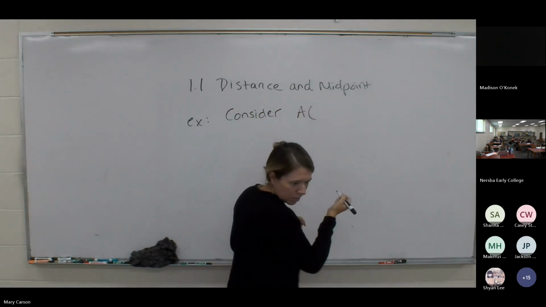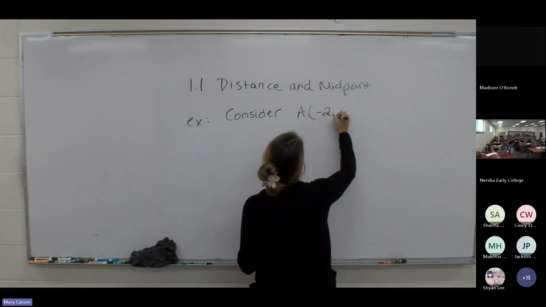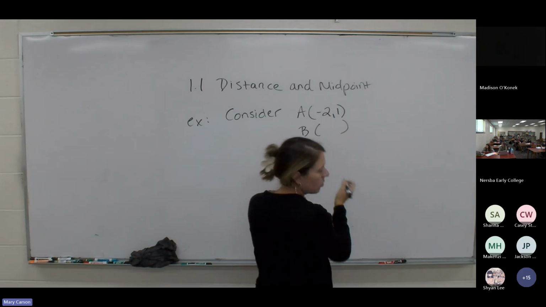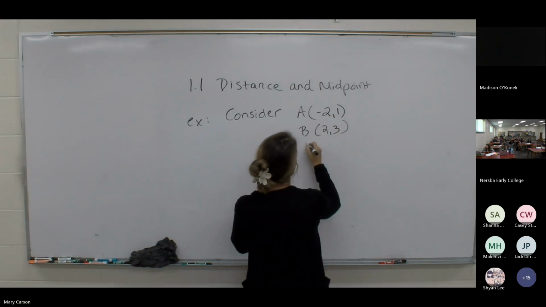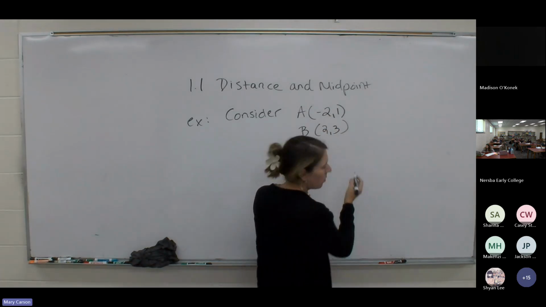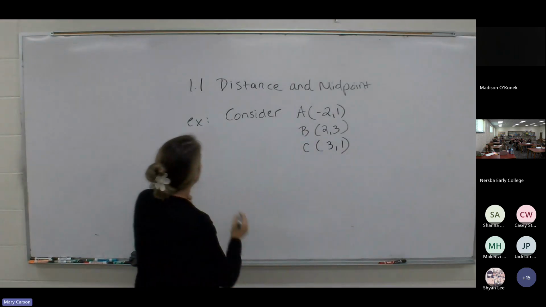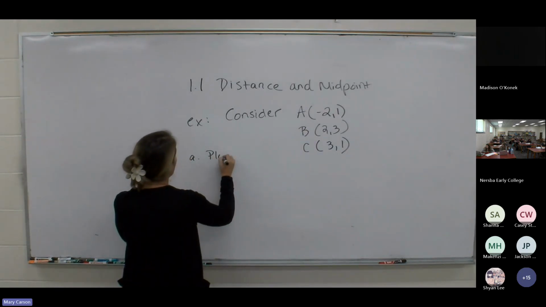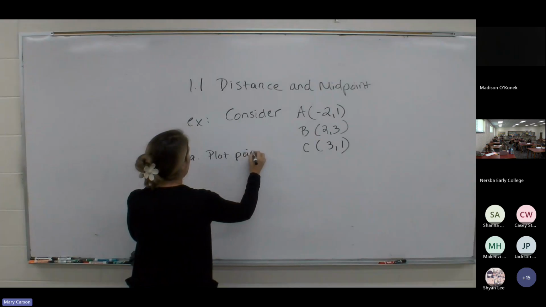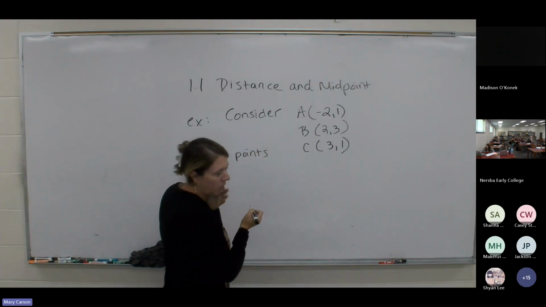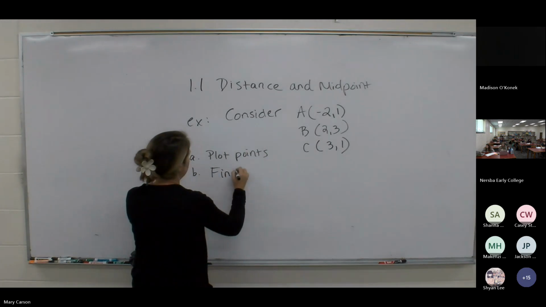All right, so let's say I'm going to give you guys, it's just an example, consider the points A, B, and C. I want you guys to be able to first plot the points on a graph. Next, I want you to find the length of each side.